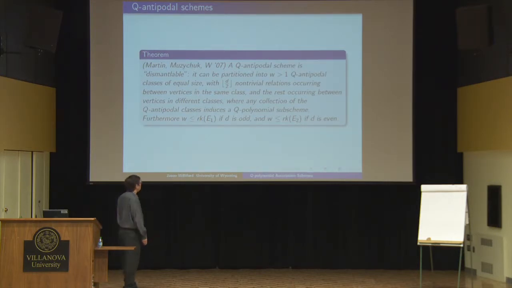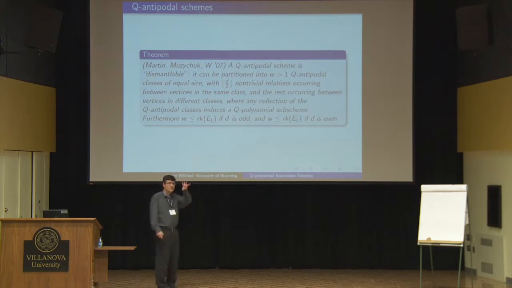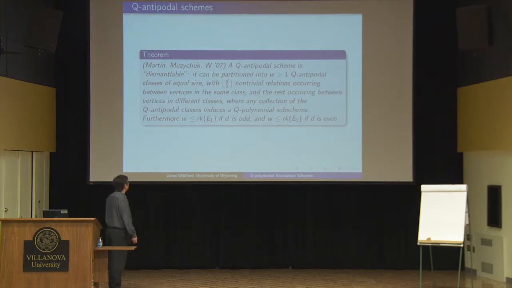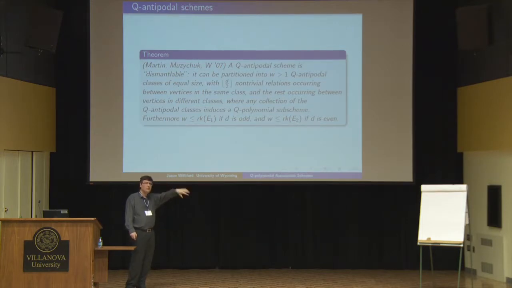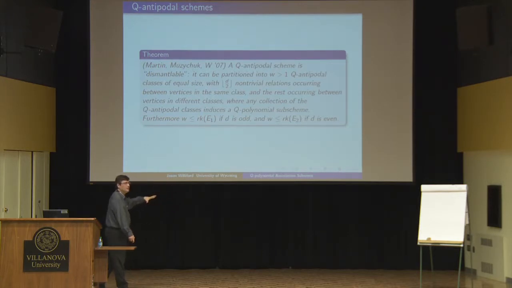Basically, it is an imprimitive scheme, and again, you can partition the vertex set into this system of imprimitivity. Certain relations appear inside the sets, and different relations appear between them. Now, the dismantleability property is that you can take any of these sets and throw them away, and you still have an association scheme, which does not hold in association schemes in general.